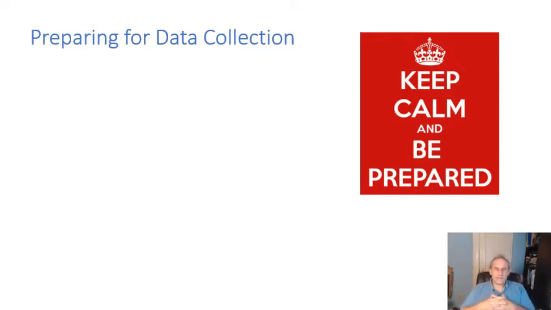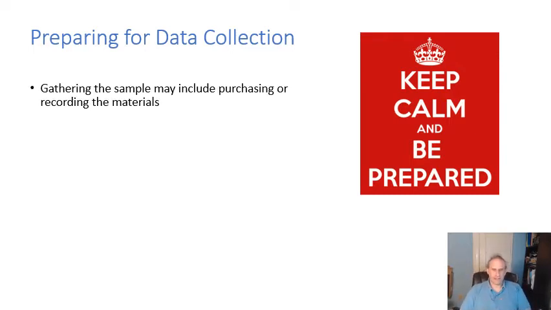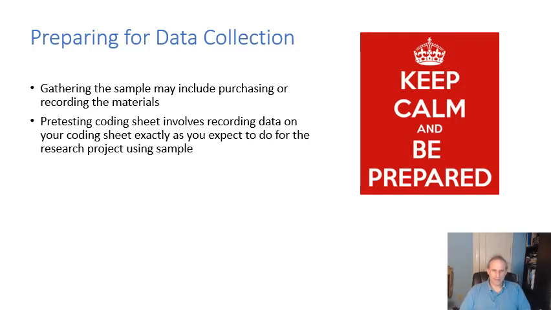Now, as far as preparing for data collection, first, you need to gather all of the materials, or the samples of those materials that you need to get, whether purchasing or recording them.